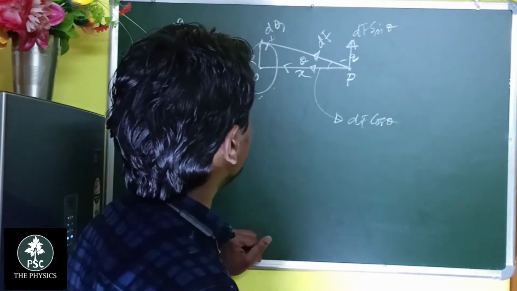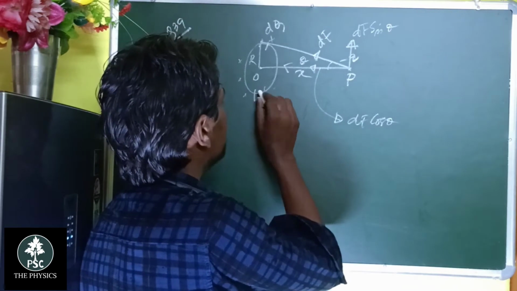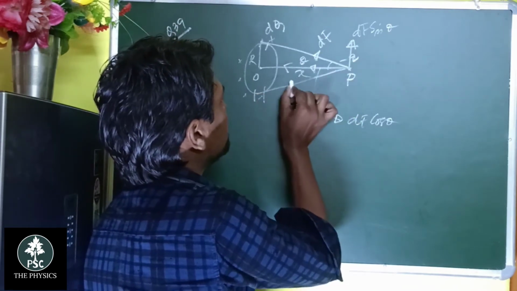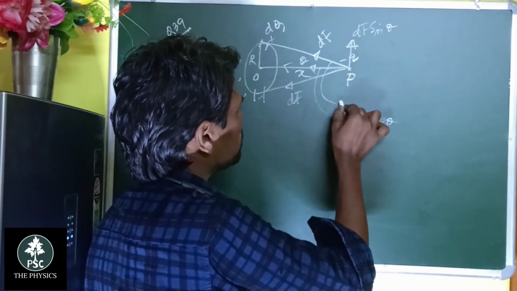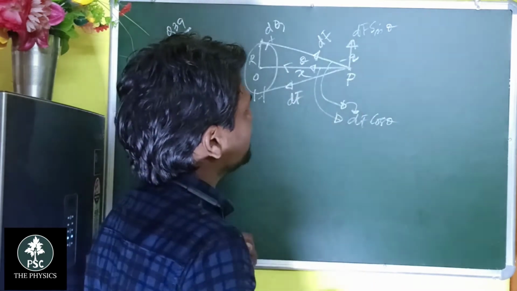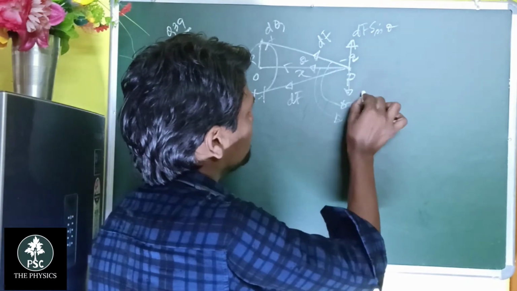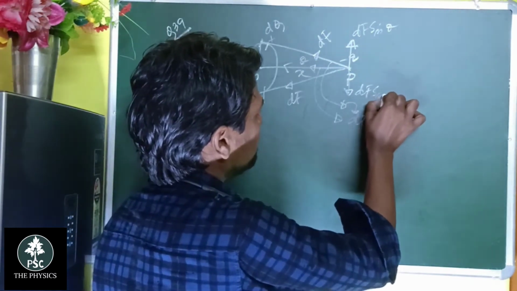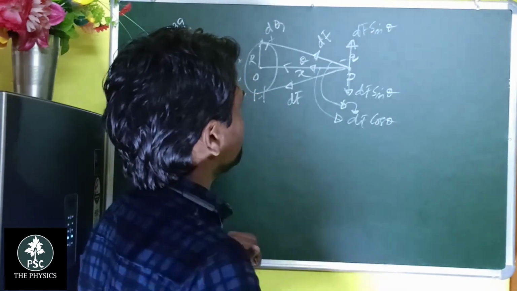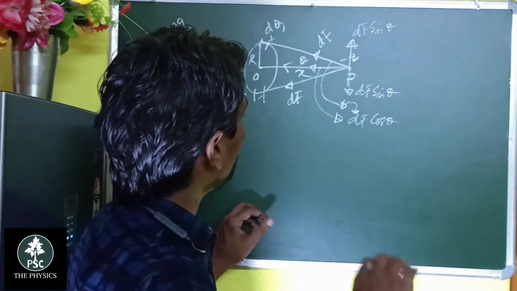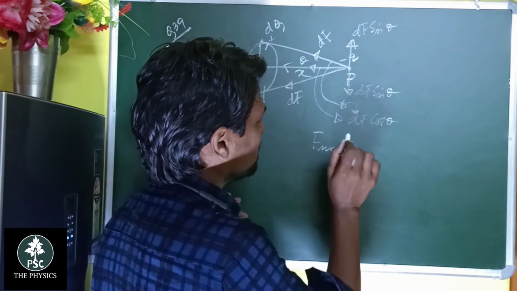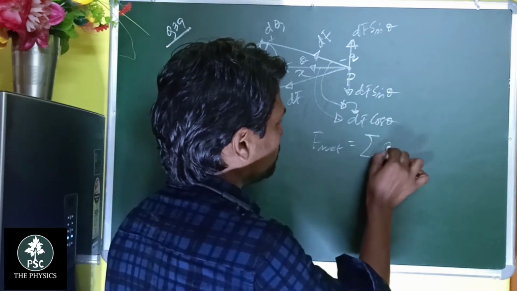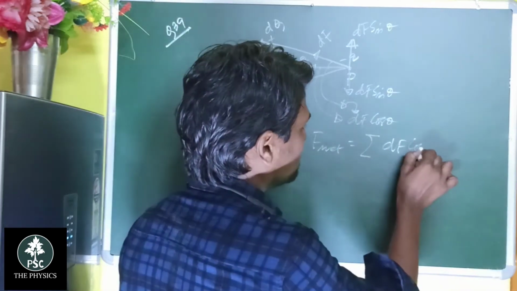Again students, if you take a similar element, then this is df and this is also df cos theta, and this is df sin theta. The df sin theta components cancel, so the net force is equal to the summation of df cos theta.